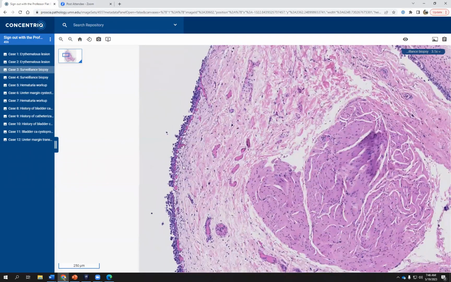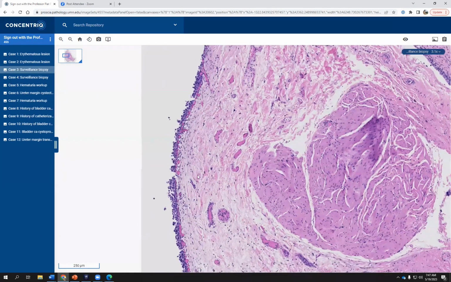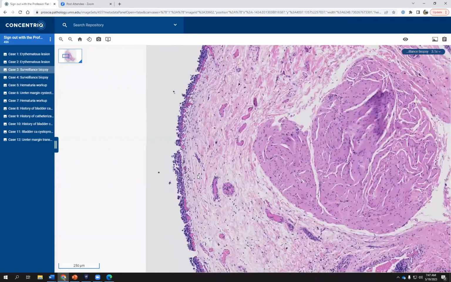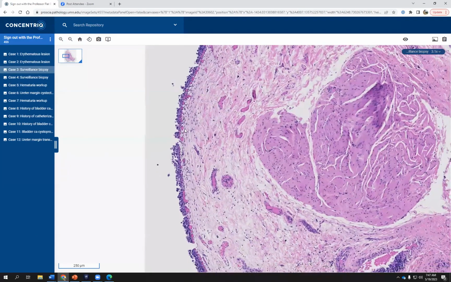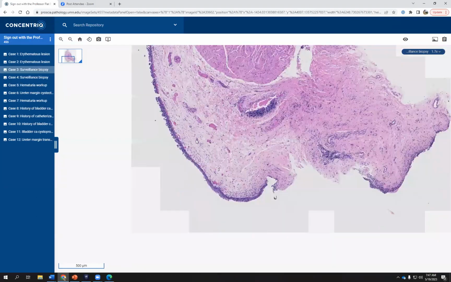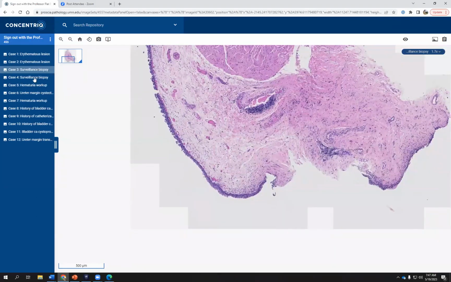Again, remember that it has nothing to do with small cell neuroendocrine carcinoma. It's just the size of the cells that is small. And prognostically, it does not have any particular difference in tumor behavior compared to the usual type of urothelial carcinoma in situ. It is merely a morphologic descriptor for pathologists to identify. Okay. So that's case number 3.